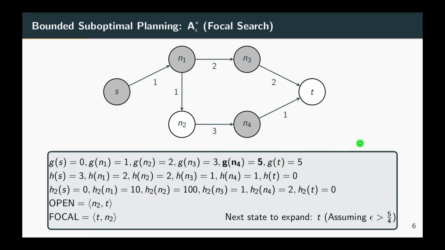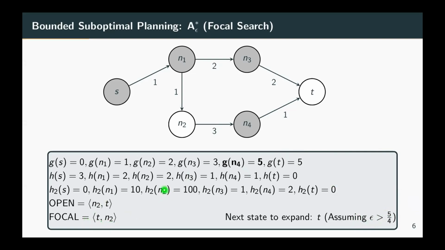So the lowest F value in open is now 4. And now our focal list will include all the elements in open that are within epsilon times 4. So if our epsilon is greater than 5 over 4, then we will actually also include T. And in this case, we have T and N2.